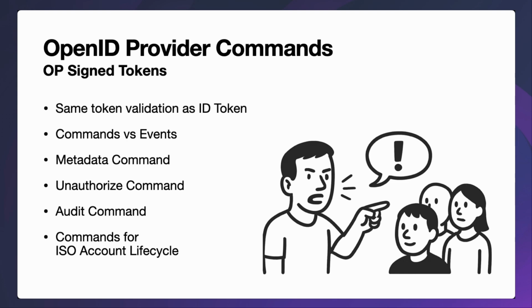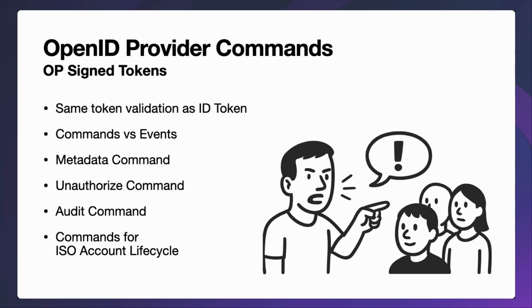You generate a token that contains a command, and that token is validated the same as an ID token. So if you're already supporting OpenID Connect with the enterprise, supporting OP Commands is a small step to be able to provide account lifecycle types of functionality.